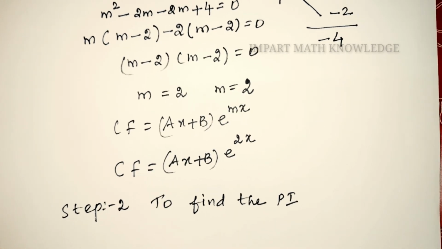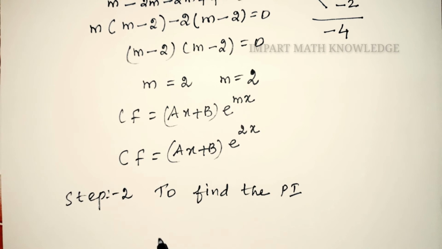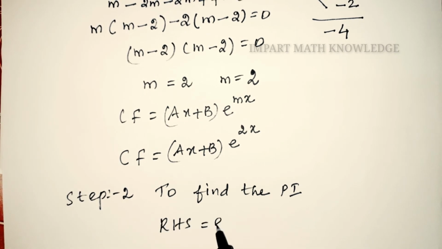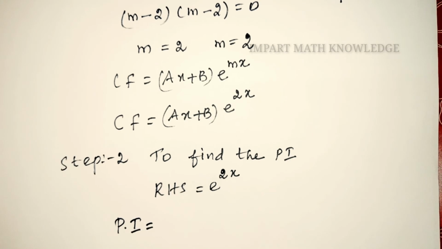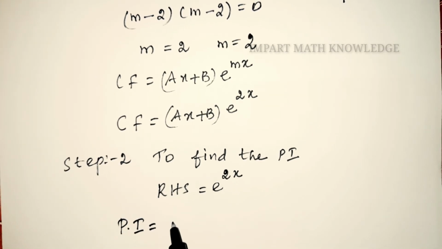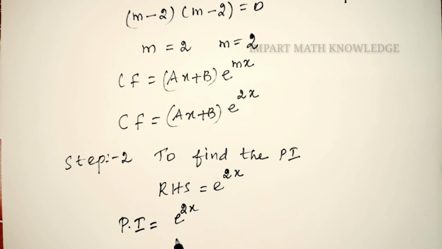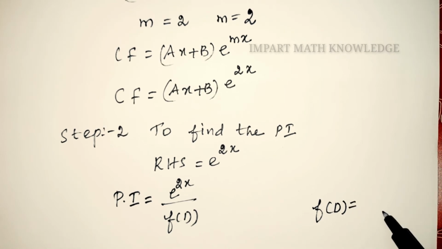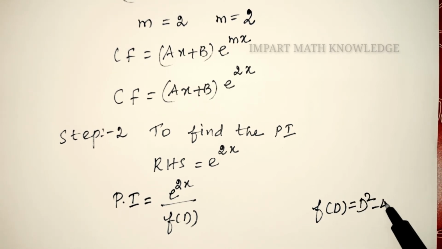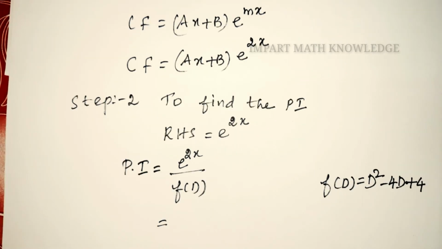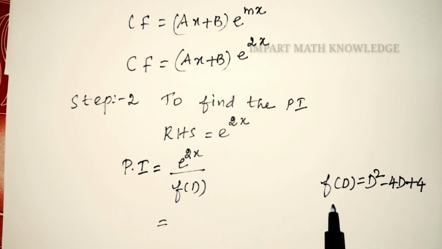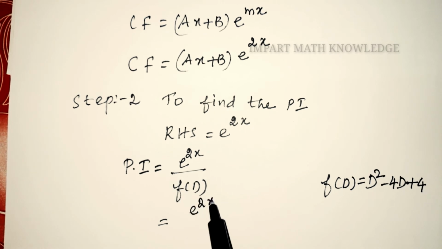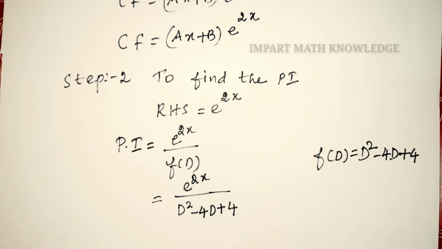Next step, to find the particular integral. Here the right hand side is e power 2x. So, the particular integral is e power 2x divided by f of D. F of D is the left hand side term of the problem: D squared minus 4D plus 4. Now replace D by a.